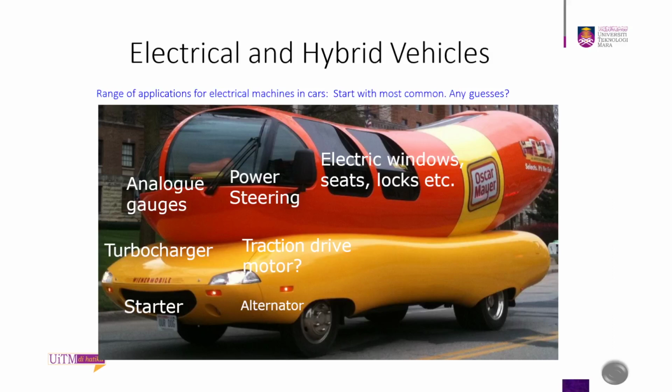Power steering and the analog gauges, the RPM and the speedometer, also use a motor. Then we have a turbocharger. Traction drive motor is more on the hybrid electric car. And we have the alternator, sort of a generator, and also the starter. So we already apply motors inside our conventional car.